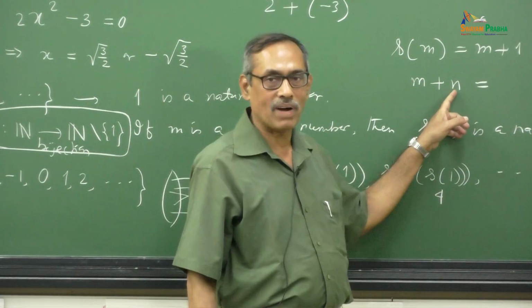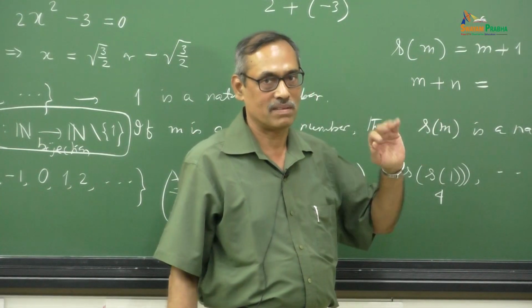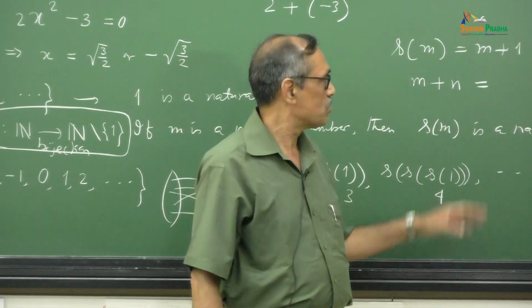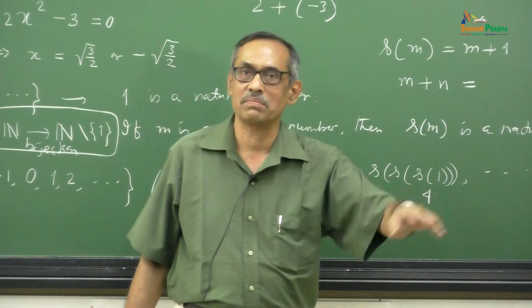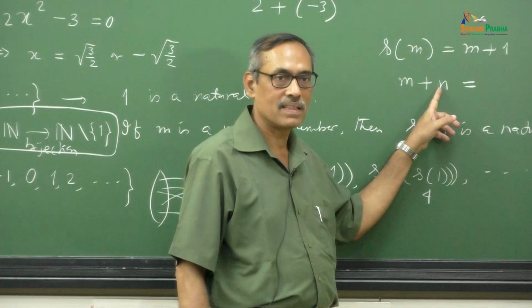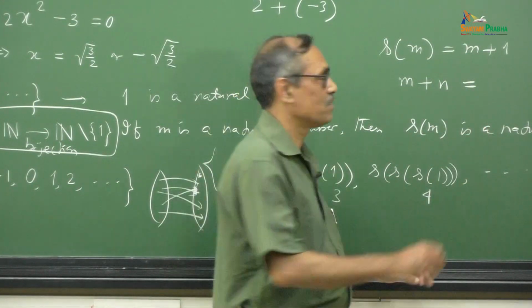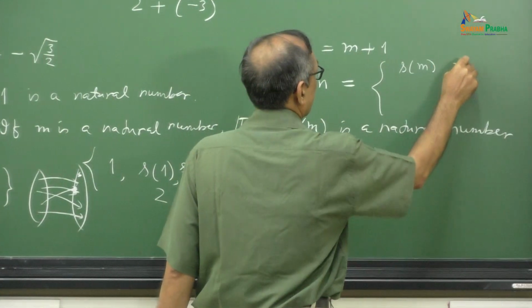Wait, 1 second. What we have defined is plus 1, right? So, it might come to that case immediately. So, let us take out that case first. We will say if n equals 1, then you have defined it. That is the first step, right? So, this is S of m if n equals 1.